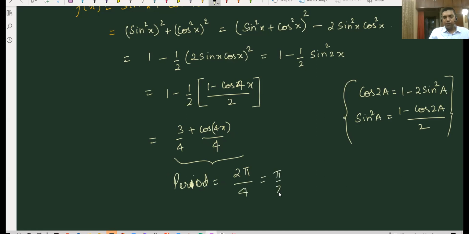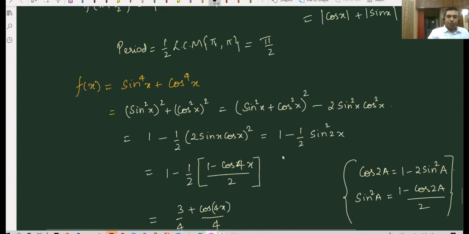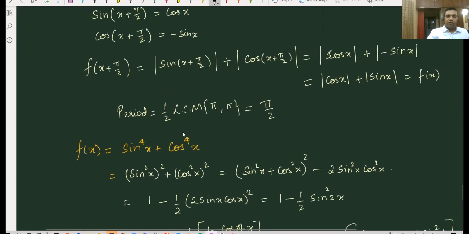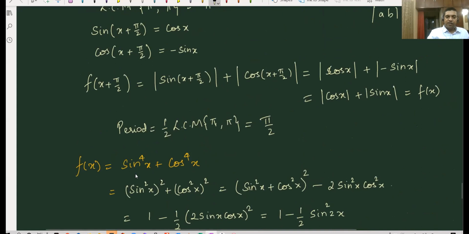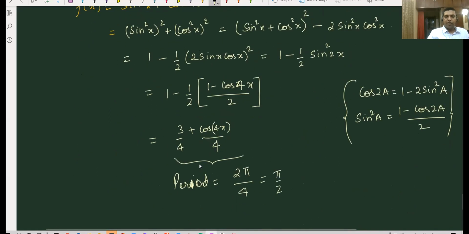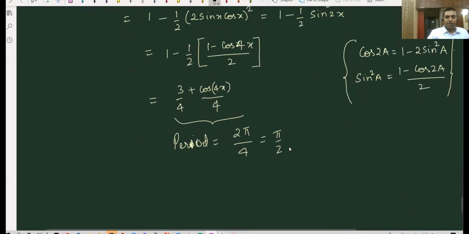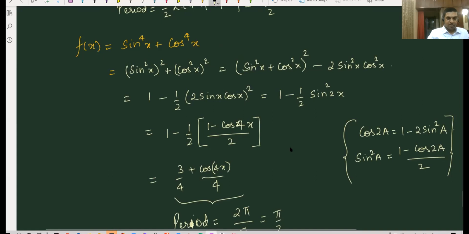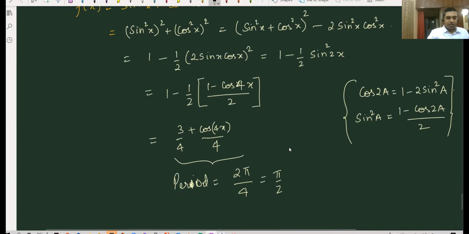So you get pi by 2. So this is one way to do it. Of course, the alternative is just to use f of x plus pi by 2 for sine power 4x and cos power 4x. You will get the same period, pi by 2. Okay, got it?